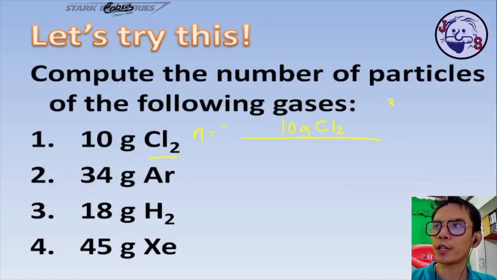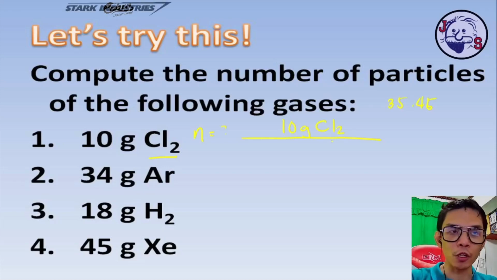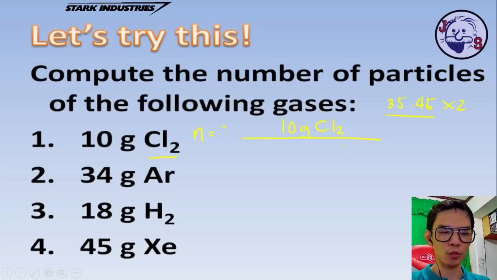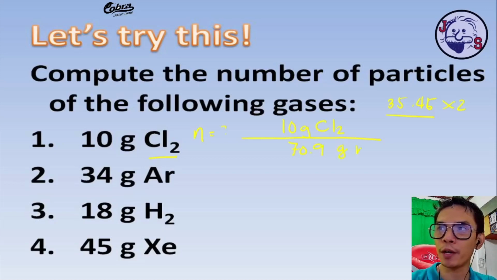Since we have a molecular form of chlorine here, the diatomic form, this 35.45 will be multiplied by 2. So we have 35.45 times 2, and that will be 70.9 grams per mole.